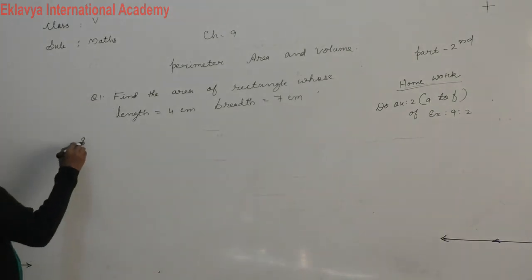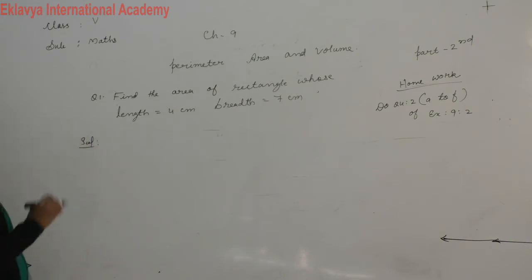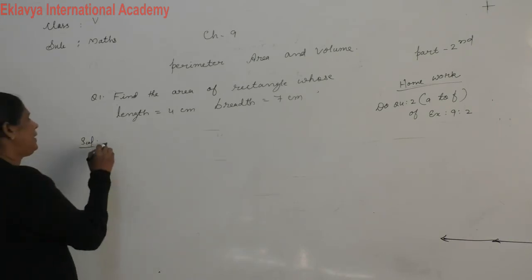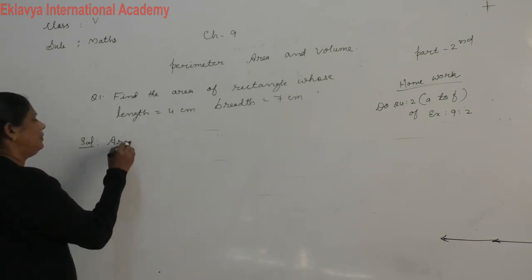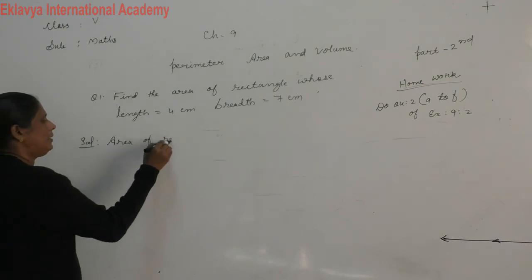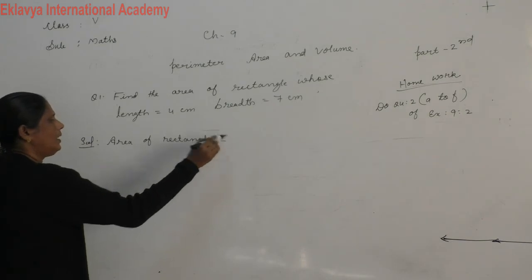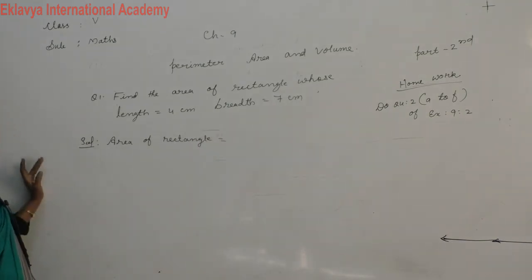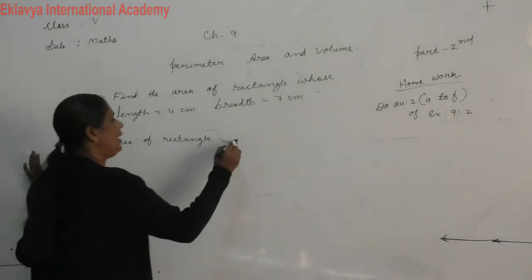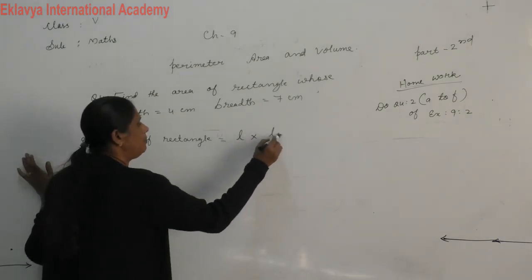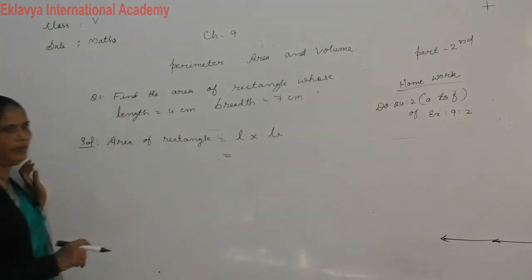Then solution. First you write the formula. Area of rectangle is equal to length multiply breadth. What is the formula?